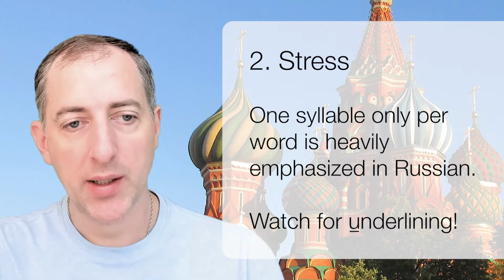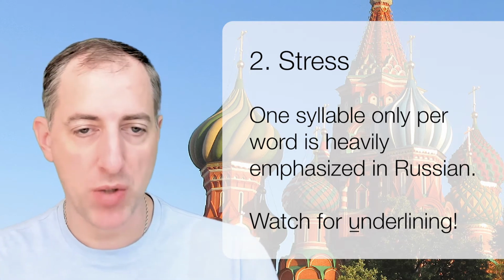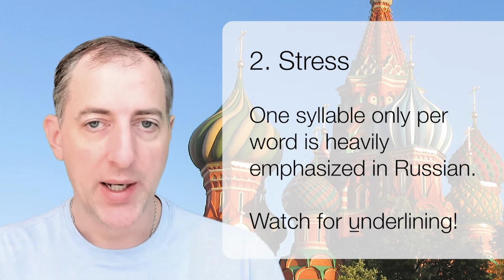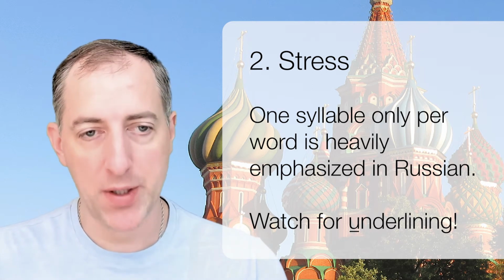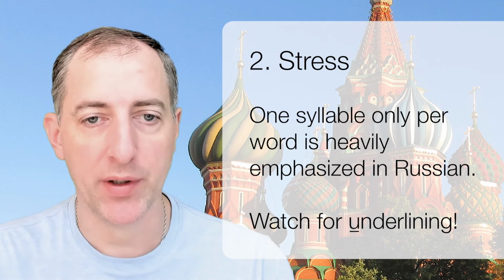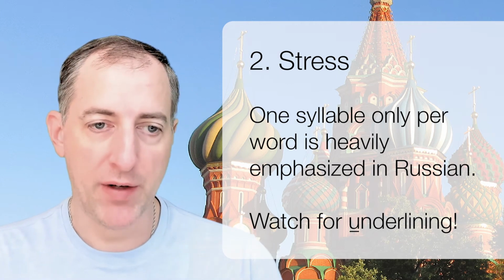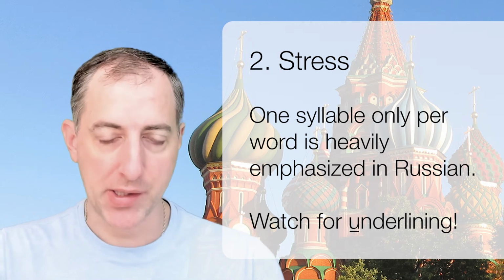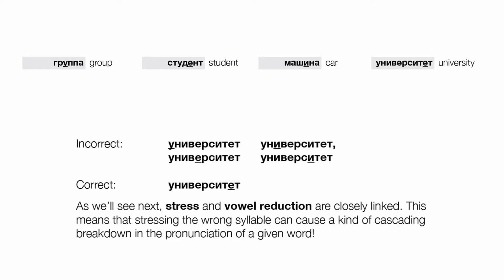Okay, so let's look at a couple of examples. Again, just watch for that underlined syllable. And pump your fist or pound the table or whatever if that helps you nail down that stress in the Russian word. Группа, группа, not группа, right? So you see how, because the stress is so emphatic, misplacing it will result in something that sounds very different.